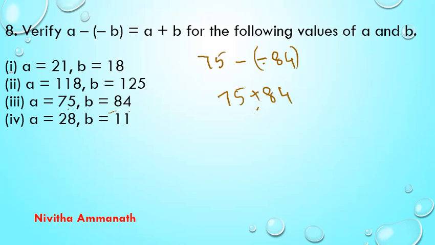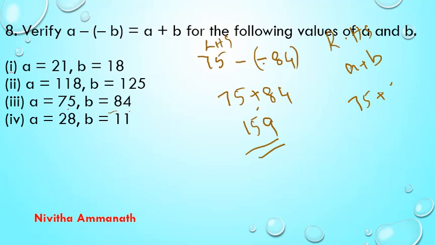So 75 plus 84: 4 plus 5 is 9, 8 plus 7 is 15. 159. This is LHS. And RHS is a plus b. How to write? 75 plus 84. So it is 159. So LHS equal to RHS, hence verified.